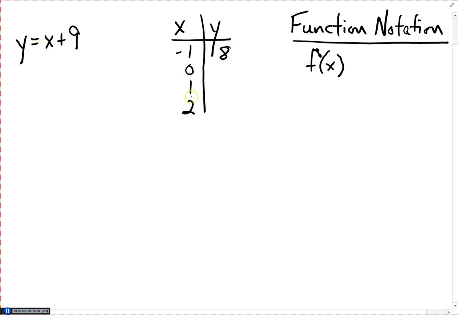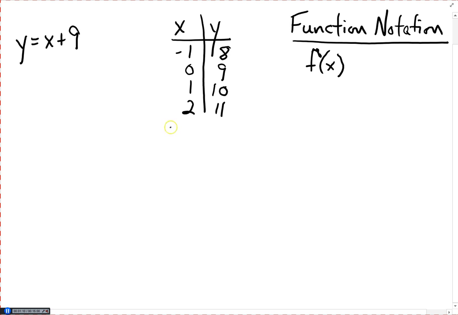And I can do the same thing with the rest of these values here. If I put 0 in for x, then I get y equals 9. If I put 1 in for x, then I get y equals 10. And if I put 2 in for x, then I get 2 plus 9, which is 11.